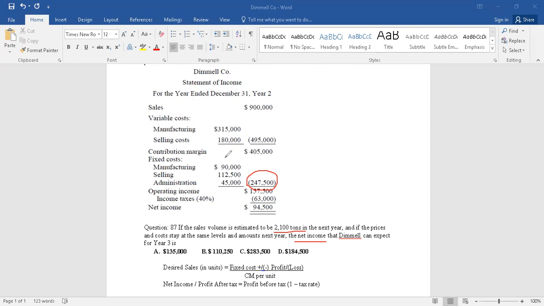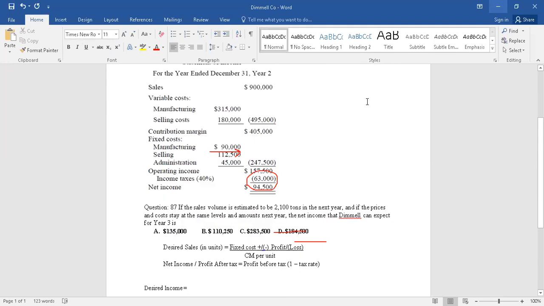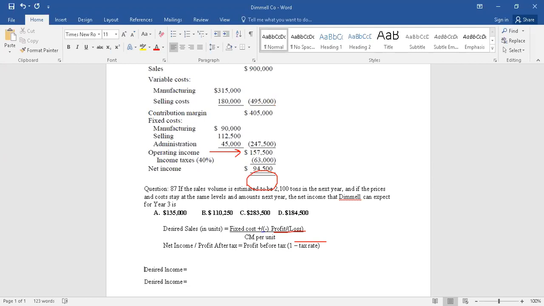So what's contribution margin per unit? The total amount of contribution margin for the year is given as 405,000, and this was recorded at an output level where, as we saw in the first paragraph of the question, the sales were at 1,800 tons. Before we apply desired income, let's find out the details.